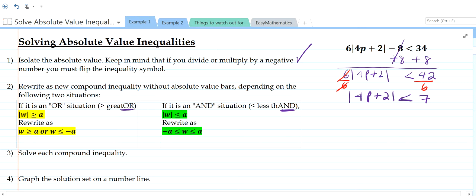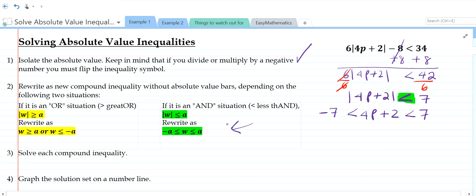So this is a less than situation, the green situation. It's less than, so it's an and situation. So we're going to rewrite it as 4p plus 2 is less than 7 and greater than negative 7.